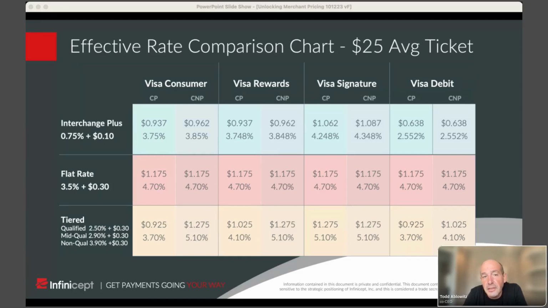So if you look, CP stands for card present, CNP stands for card not present, and you'll see that you've got different prices for card present and card not present. But for debit, we assumed regulated debit, so 65% of debit cards are regulated, and you pay the same whether it's card present or card not present on regulated debit.